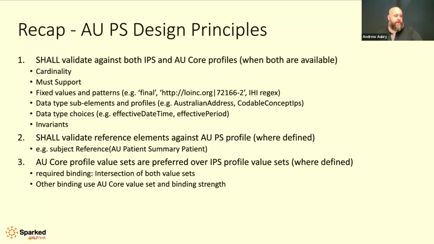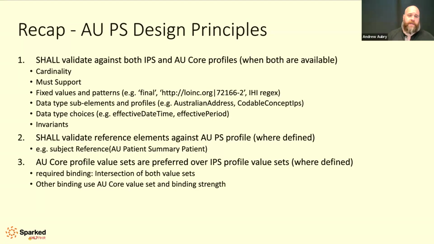So to recap what our design principles are and to remind everyone as we go into discussing these profiles, our main design principles are that the AU patient summary shall validate against both IPS and AU core profiles when both are available.